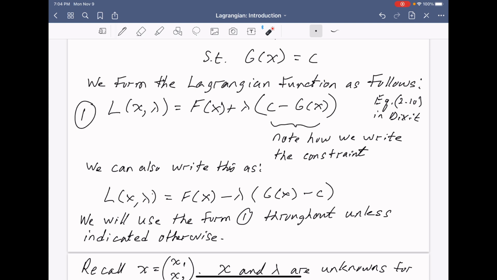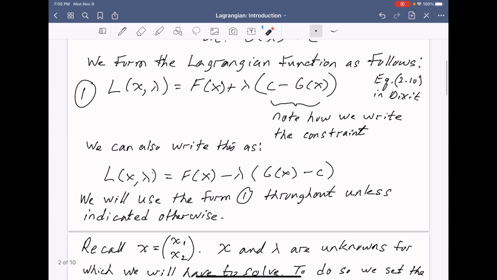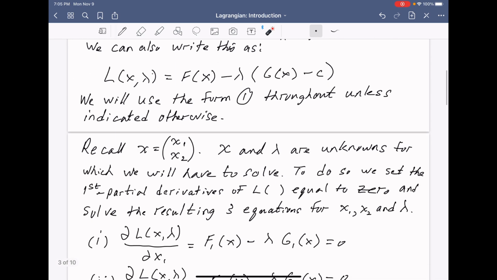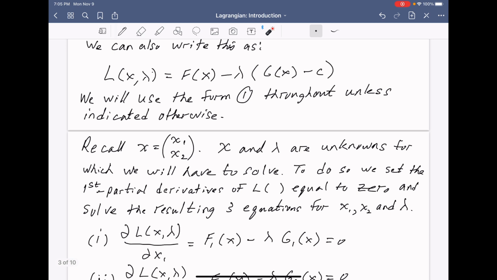So we're going to be using this form, number 1, throughout most of our discussions concerning Lagrangians, unless I indicate otherwise. So recall that we write a vector x. We've been doing this like this, and this is a column vector consisting of x1 and x2.